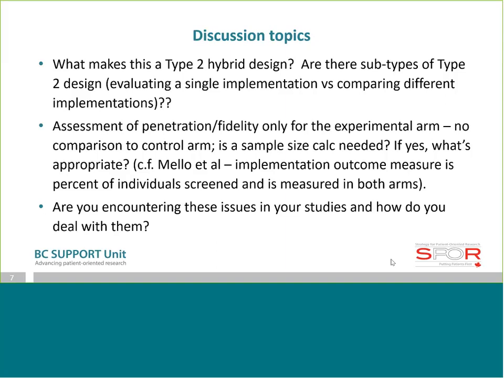So it's not that you can't do a sample size calculation if you only have one implementation, but it has to be on a measure that you can observe in both arms. And in this study, there's no such thing as penetration or fidelity in the control arm. They're not receiving this intervention or this implementation. So I think when we start talking about sample size, we have to first figure out, really, what's the question?